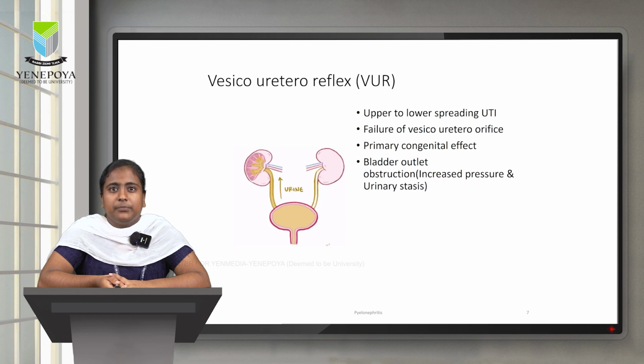So what are the causes? Primary congenital defect, and bladder outlet obstruction. This bladder outlet obstruction is due to increased pressure, so urine will remain in the bladder. Because of this urinary stasis, there is a lot of chance for bacteria to grow.